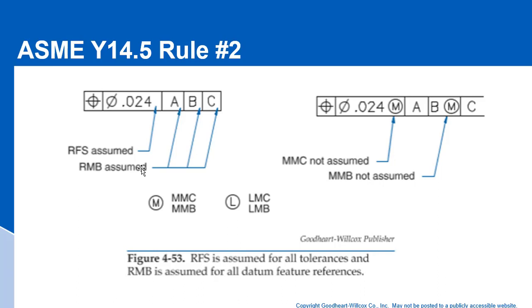Okay, now if our part can live with the MMC modifiers, we need to specify those explicitly here, because without the explicit use of the material modifiers, RFS or RMB is always assumed per rule 2.